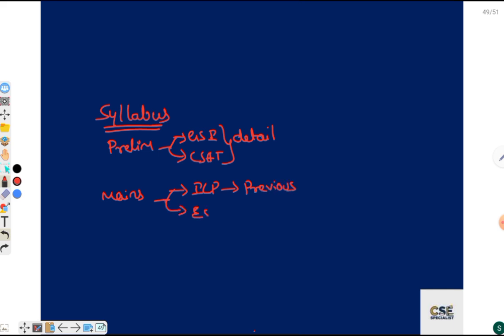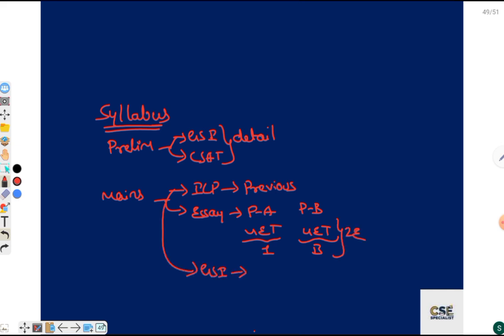Then essay: there are part A and part B. Here there are 4 essay topics, and here there are 4 essay topics, and you have to choose one among part A and one among part B, and write a total of 2 essays. And coming to the GS papers, we have decoded the syllabus in detail.